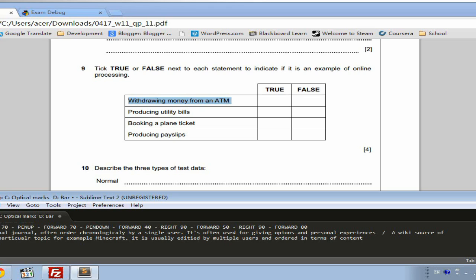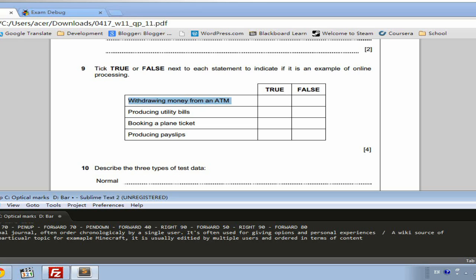We're going to have to enter PIN numbers. It's going to have to check semi-immediately in real time to see whether our PIN numbers are correct. It's going to have to query the database to see if we have enough in our accounts. There's going to be lots of other additional inputs or outputs. So it must be online processing.